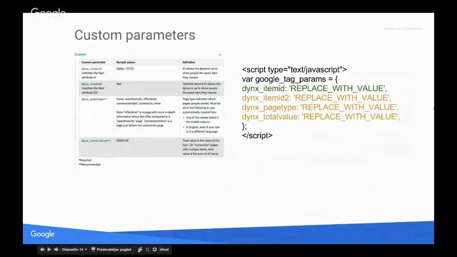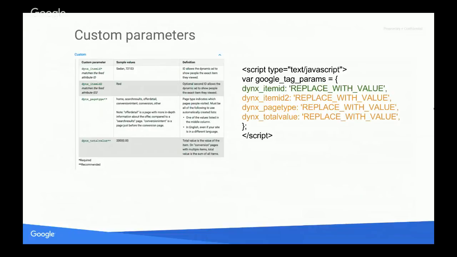Basically, the most important part for the dynamic remarketing tag to work is to properly insert the custom parameters. To show your dynamic ads to people who have visited your site, you have to add the dynamic remarketing tag with all the custom parameters to your website. As we said at the beginning, today we are focusing on the custom feed. Thus, the code that you see on your screen is pre-made for the custom feed.